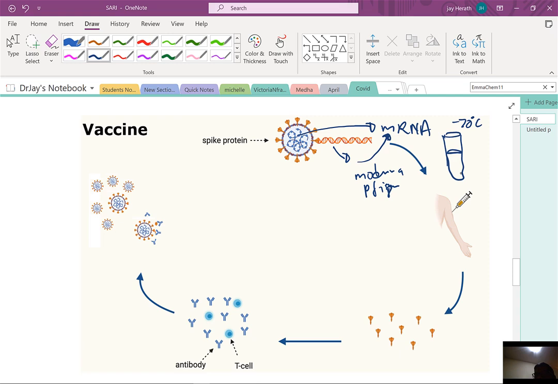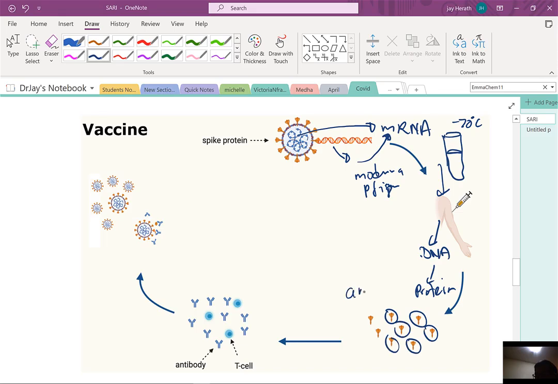This vaccine, right? So the vaccine goes in, and from that one it produces mRNA, becomes DNA, and it converts into proteins in the cell. So we produce this one after the injection, right? And now these proteins are appearing.